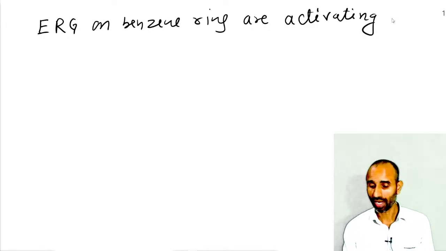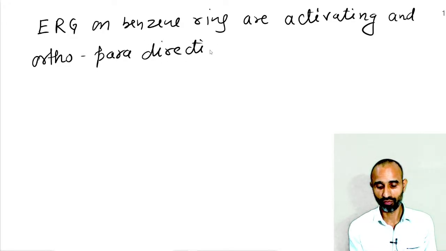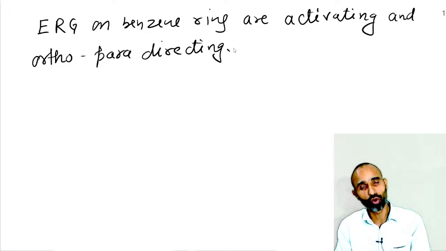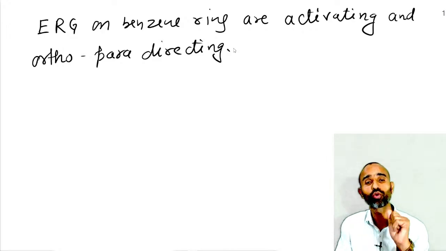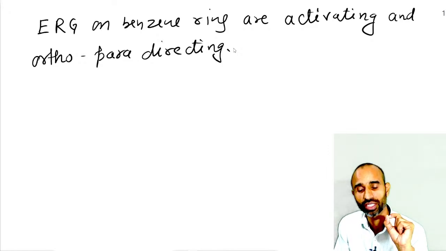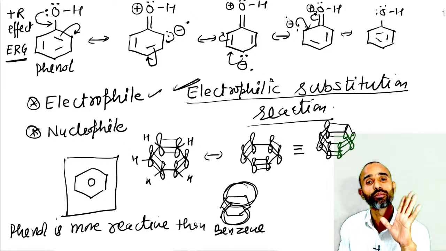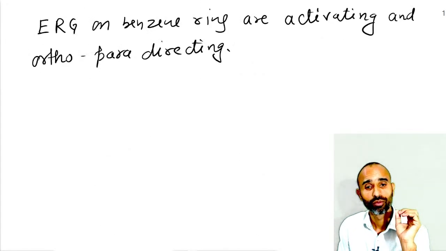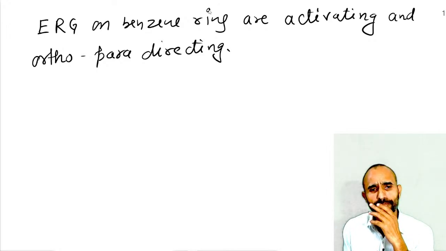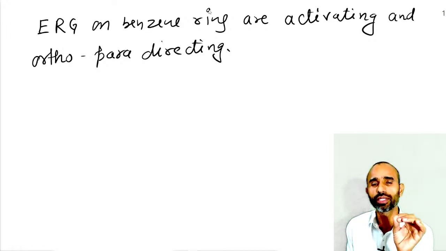So they are activating and ortho para directing, because the electrophile will attack the benzene ring more than in benzene, but particularly at ortho and para position, because these groups will increase the electron density on the benzene ring, particularly at ortho and para position. Exception for aniline, that it gives significant amount of meta products? There is no exception. There are a few examples and the reason is different.